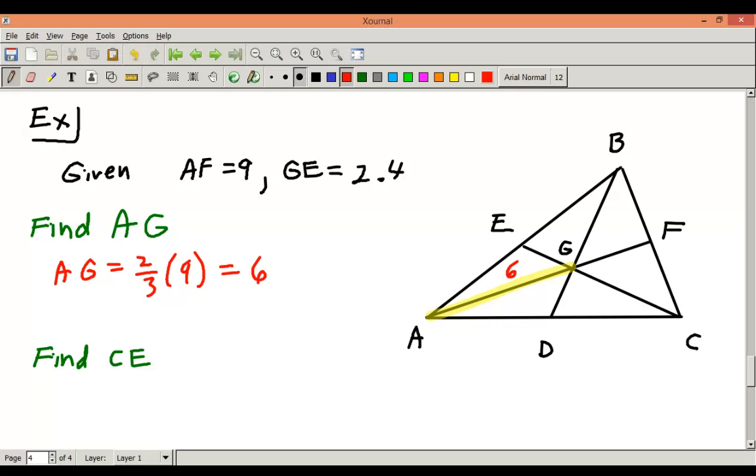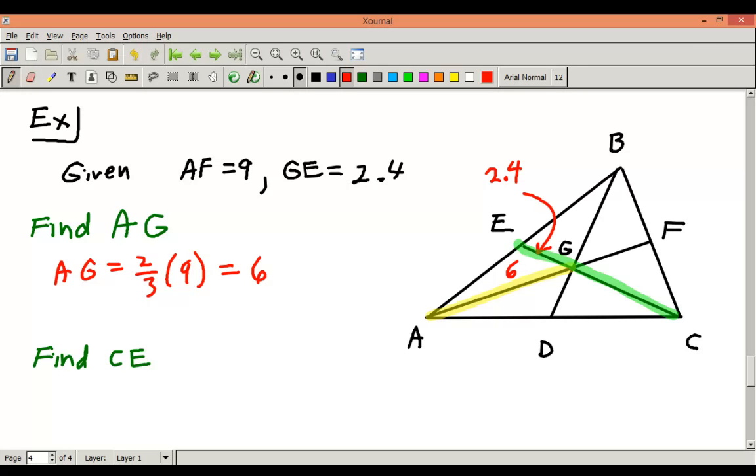Okay, let's do one more. GE is 2.4. So if we look at that, right here is 2.4. I'm just going to write that on there. And they want us to find CE. So they want us to find this segment. Well, we know that 2.4 is 1/3 of the total, right?